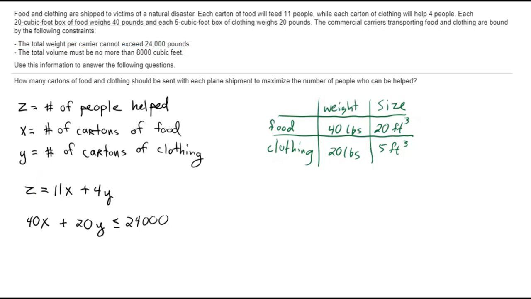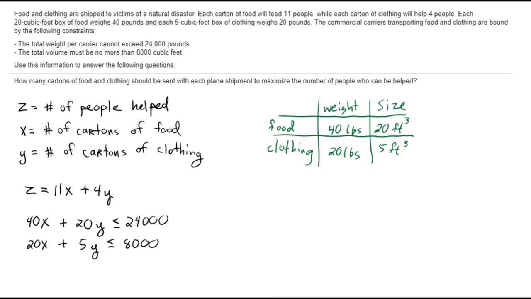Now my other constraint is based on volume, and each carton of food has a volume of 20 cubic feet. So 20x would be my total volume of food, and 5y would be my total volume of clothing, and that cannot exceed 8,000 cubic feet.